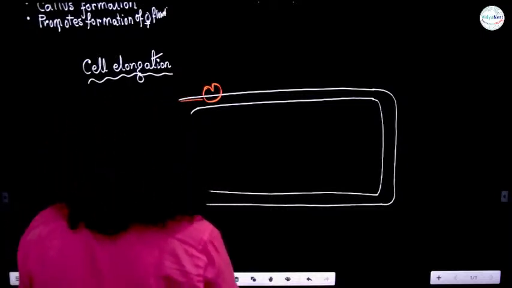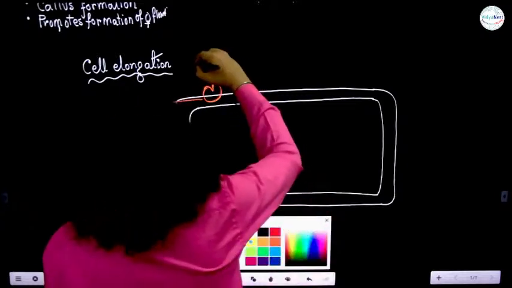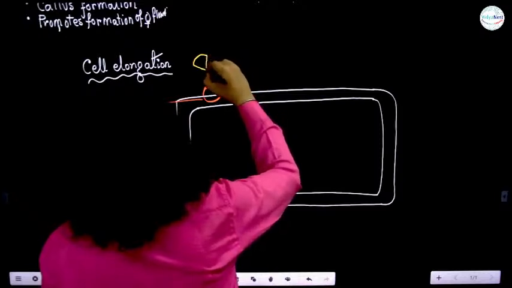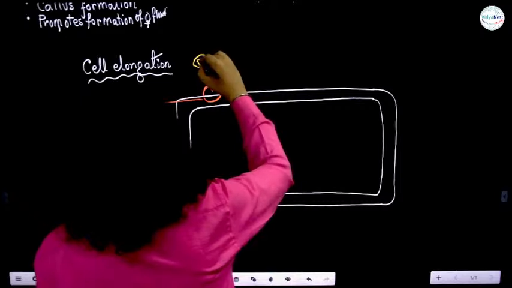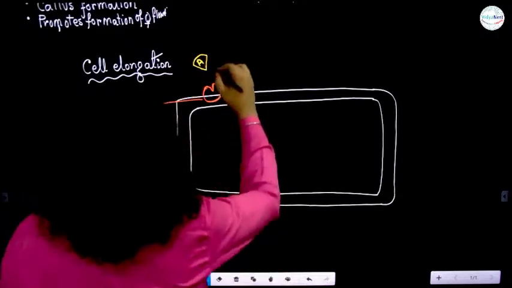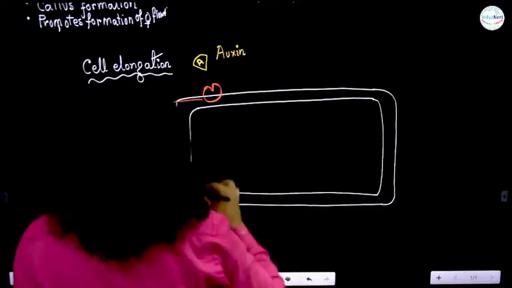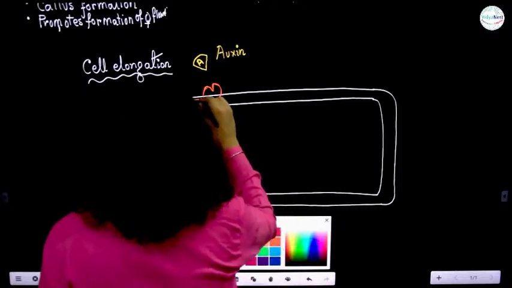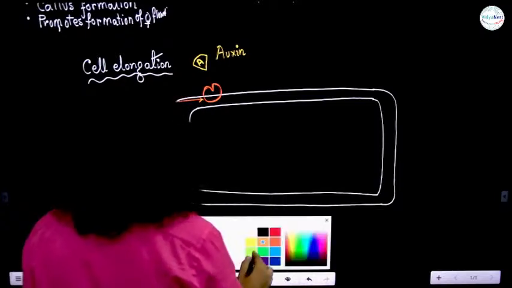Auxin binding receptor is present. To this, a hormone auxin will come and establish its contact. This is auxin. It will come and bind with this receptor. This is known as the auxin binding receptor, or you can write ABP1.